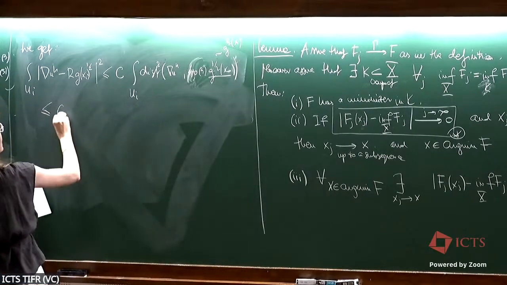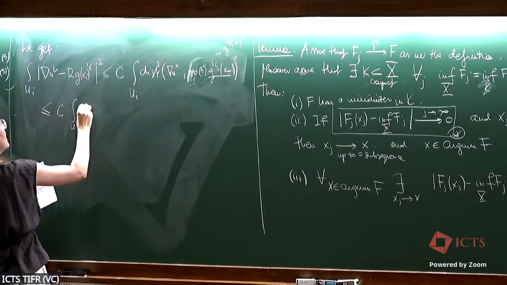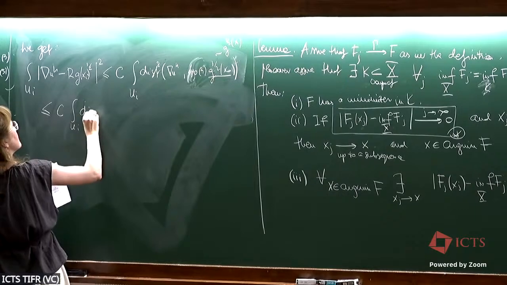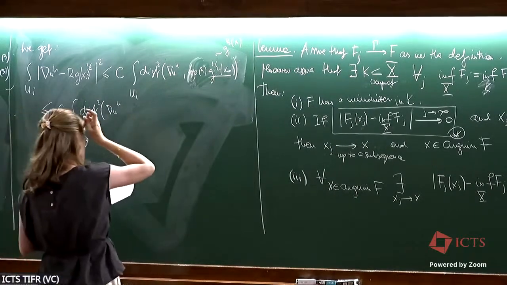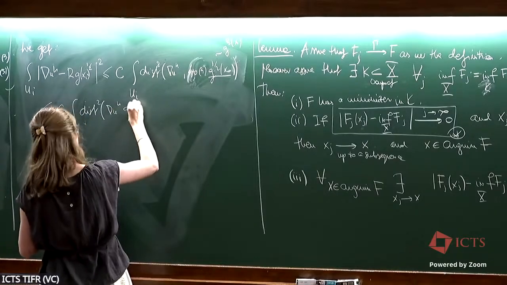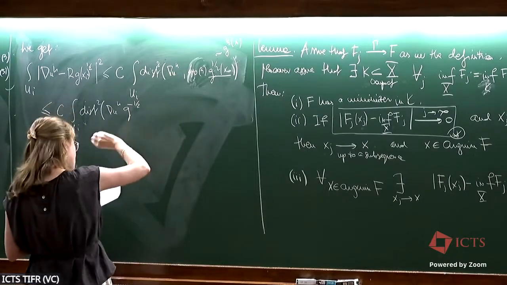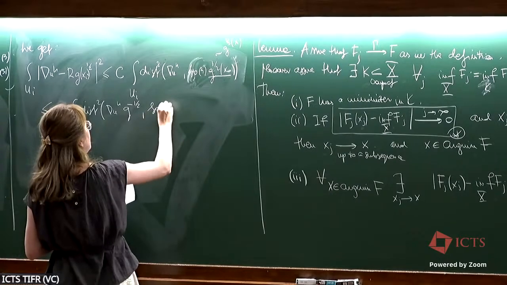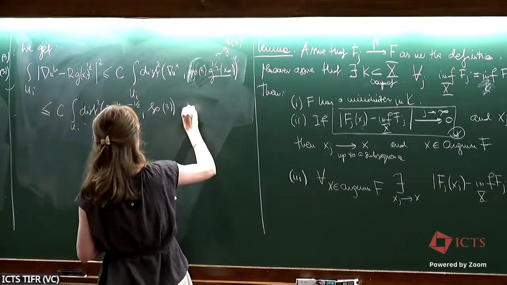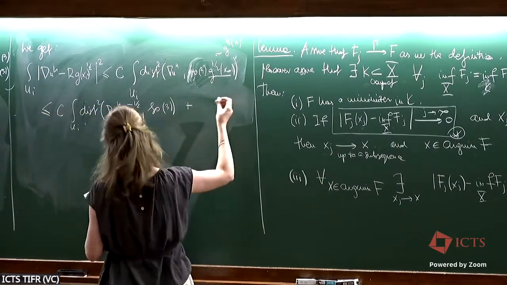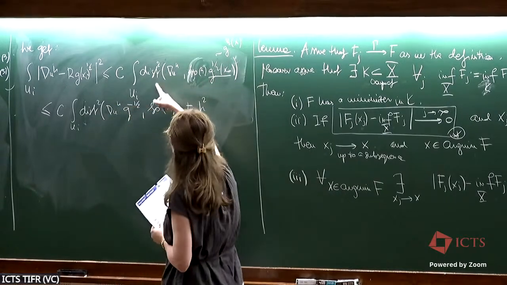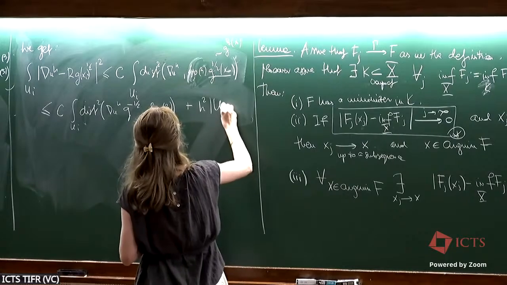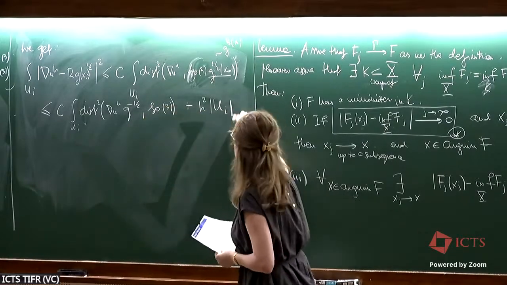So this is like C times the integral on ui of the distance squared of the gradient of u^h times g to the minus 1/2 now at x, from SO(3), plus h squared, coming from h to the power 2 times the volume of ui. I'm integrating on ui.